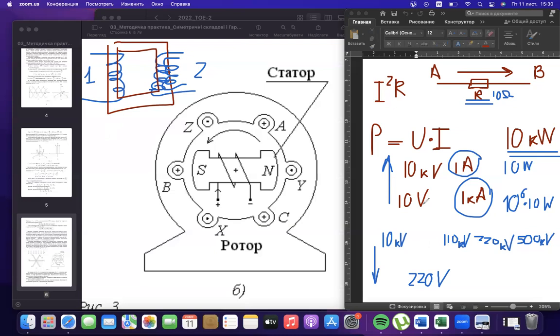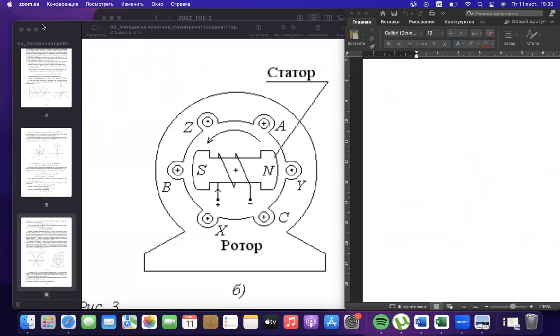In any case, it could be simply transferred with small losses and simply decreased to safer values. That is why we are speaking about sinusoidal current.